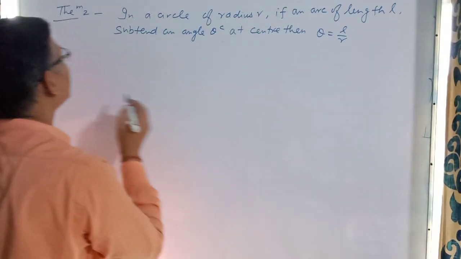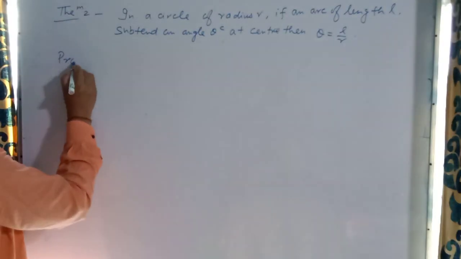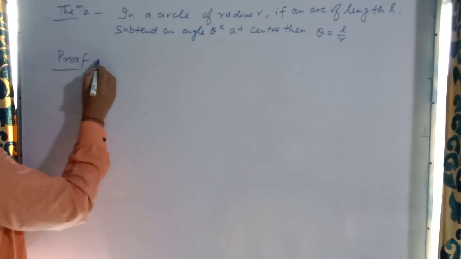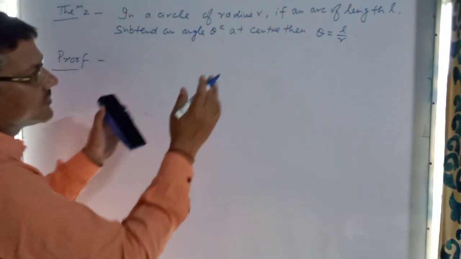Here the angle is given in radian. We are required to prove it. A very easy proof is there, and it is not important for the exam, but we use the relation.